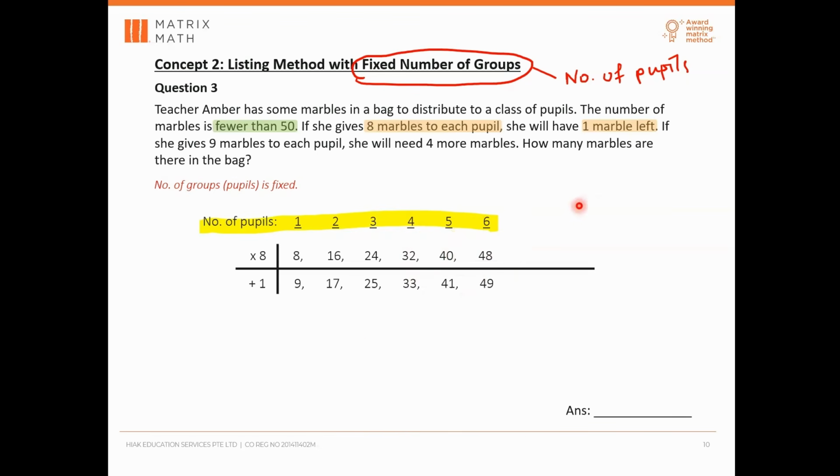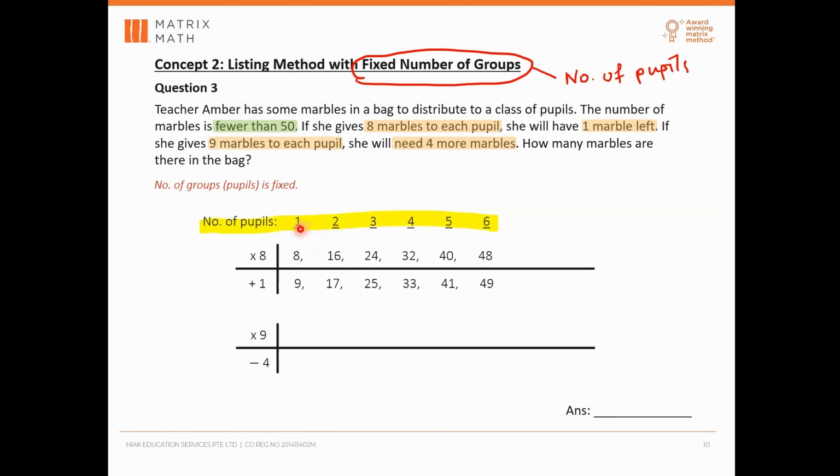Now, in the second scenario, if she gives 9 to each pupil, she'll need 4 more. So that's times 9, multiples of 9. Now, what does it mean by she needs 4 more? Does it sound like a surplus or does it sound like a shortage? Shortage? Yes, shortage. Because she needs, so she's short. She's short of how many? She's short of 4. So instead of a plus, this will be a minus, because it's a shortage.